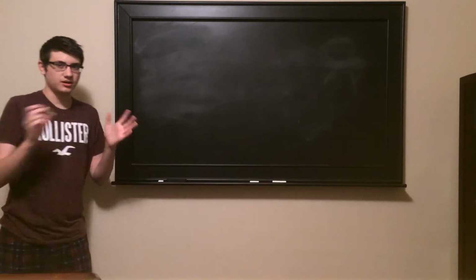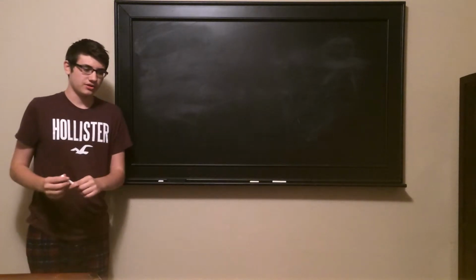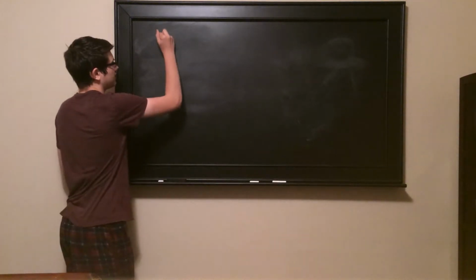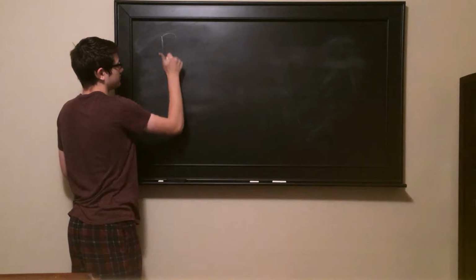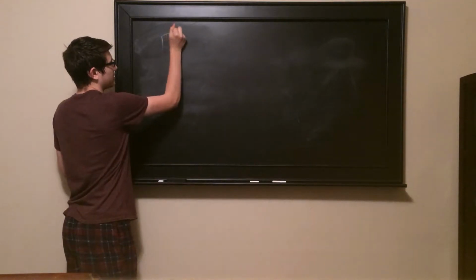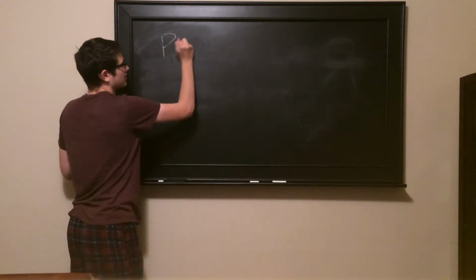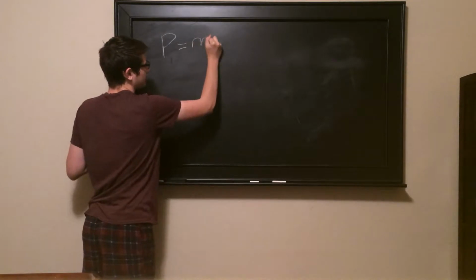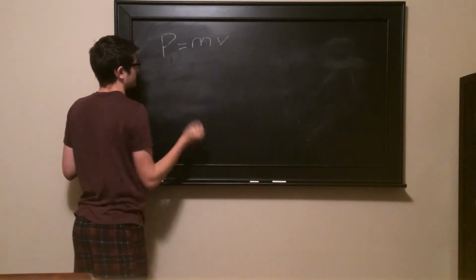Alright, so to get our basic equation for momentum, we have P, which is the symbol for momentum. I'm going to write that. P equals the mass of the object times the velocity of the object.